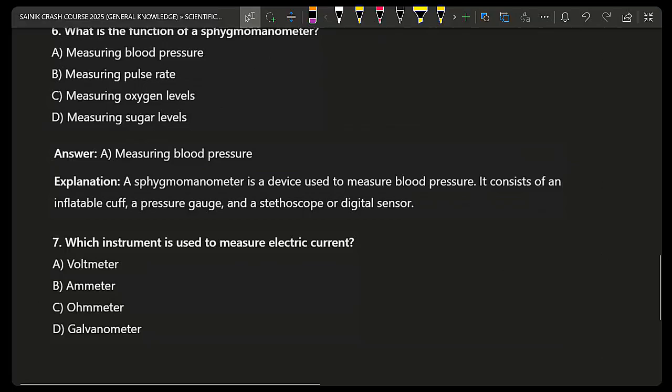Time up. One student said ohmmeter, wrong answer. Two students said galvanometer, wrong answer. Five students said voltmeter, wrong answer. And the correct answer is given by 13 students. Ammeter is the correct answer. The correct answer is option B, ammeter.